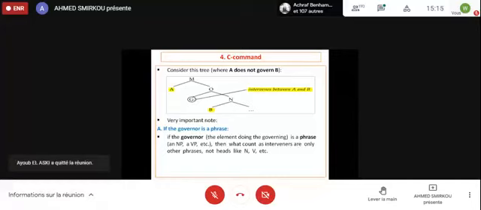If you have a lexical category, as the case we're talking about here, adjective, noun, etc., then the only category that blocks this government must be lexical. Consider this example.